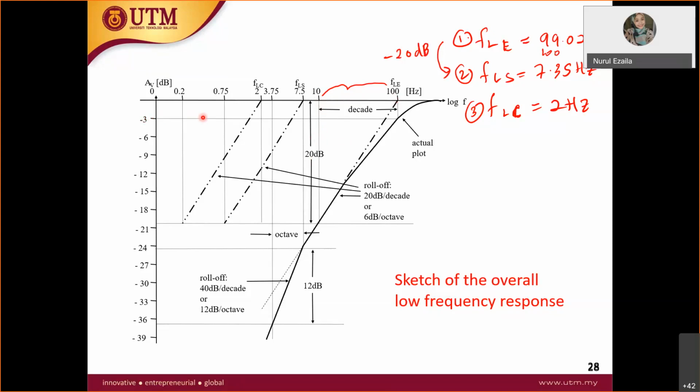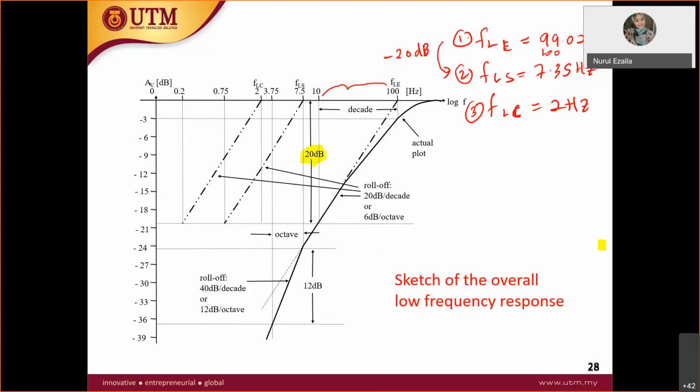So in this case, 20 dB, sorry. Oh, this is by octave. Wrong one. Sorry, 20 dB is here. Okay, 10, 20 dB here. As you can see, the first one drops by 20 dB.